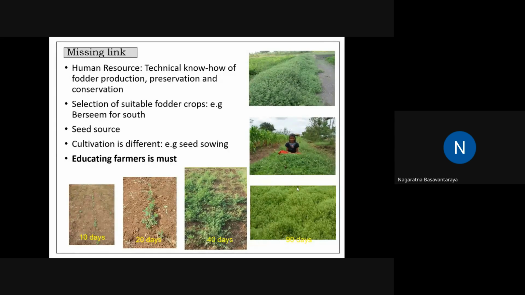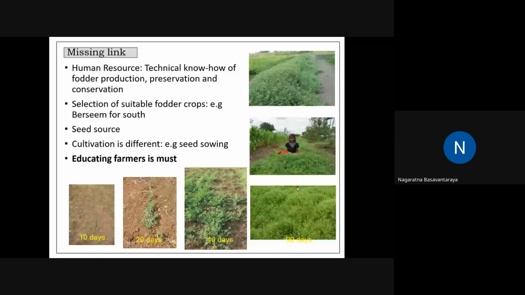So it comes up very well in the northern part of the country. But many of the animal husbandry departments in the southern part of the country provide bird seed in the kits distributed to the farmers, which again leads to the poor performance of the fodder crops.